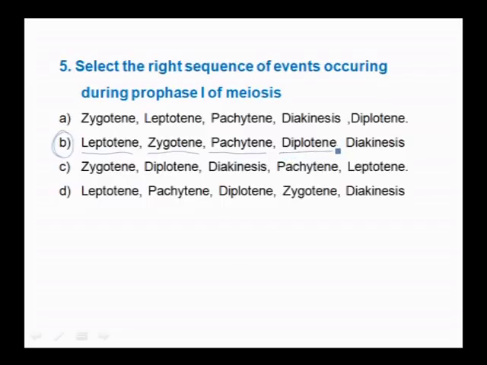Diplotene is a stage where crossing over almost ends and terminalization starts. Diakinesis is the end of prophase 1, where terminalization is completed. Therefore, prophase 1 is also completed.